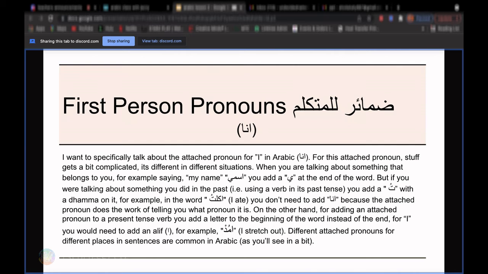So you just kind of have to remember that for present tense, you add the attached pronoun at the beginning of the word, and then for the past tense verb, you add the attached pronoun at the end of the word, and then for possessive, you also add it at the end of the word.